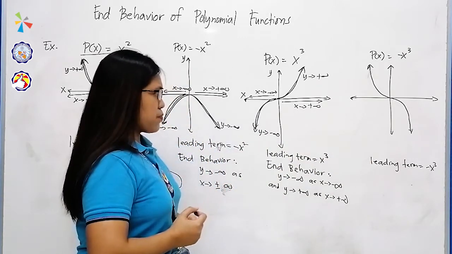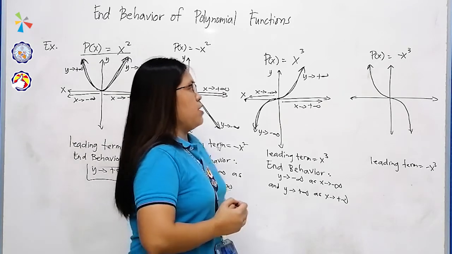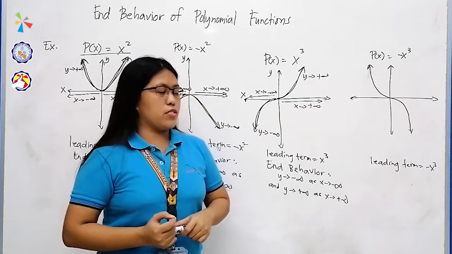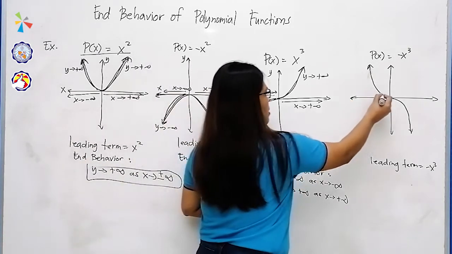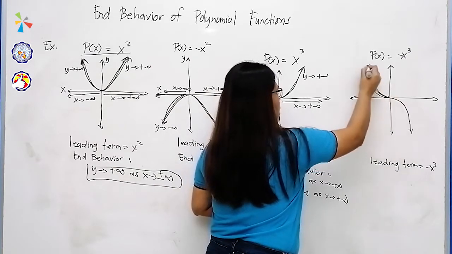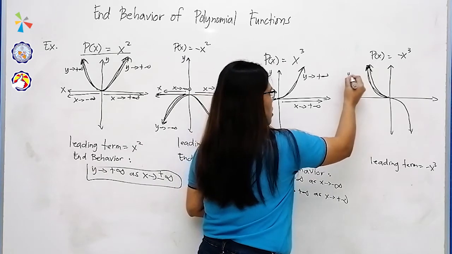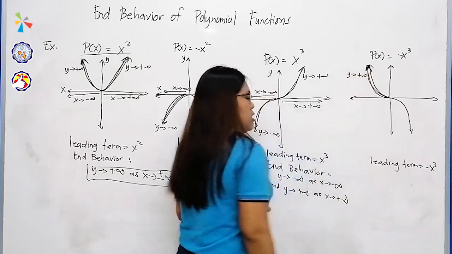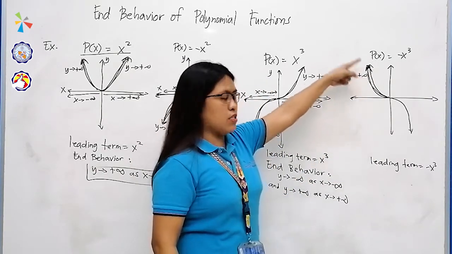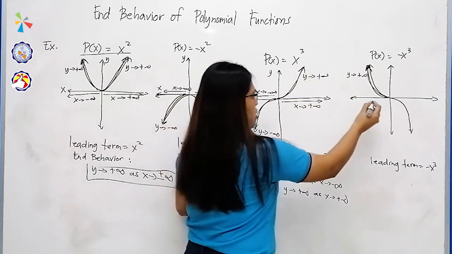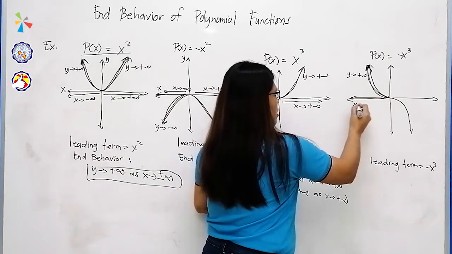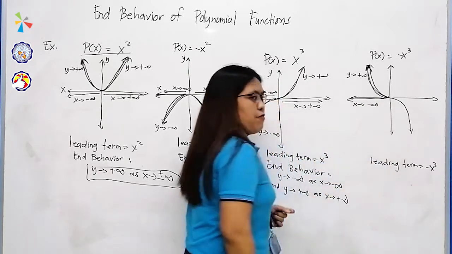So here, if we look at the graph of p of x equals negative x cubed, the left side of the graph increases without bound. Meaning, the value of y here increases to positive infinity as we decrease the value of x to negative infinity.